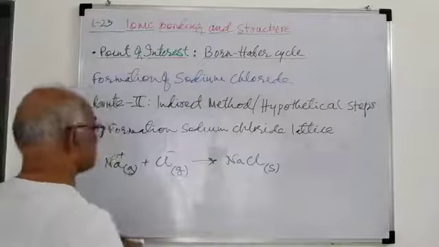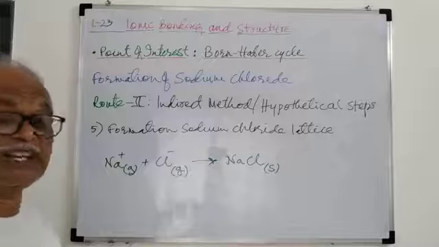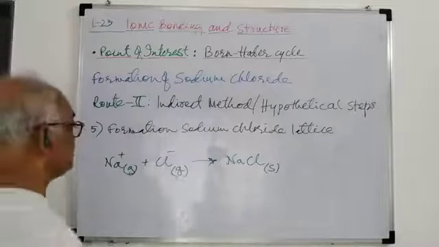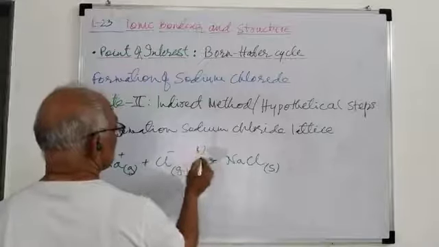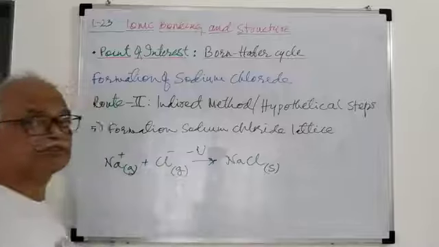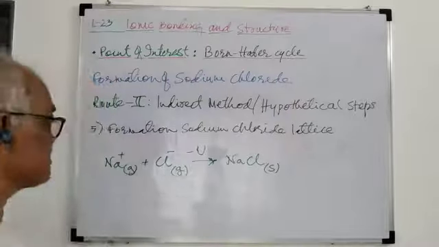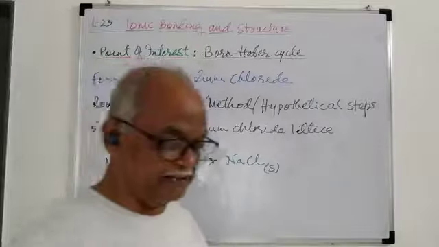During this process the change in energy shows that energy is given out, and we are presenting this with the lattice energy U and with negative sign, indicating that energy is lost during this process. So this is the fifth hypothetical step.